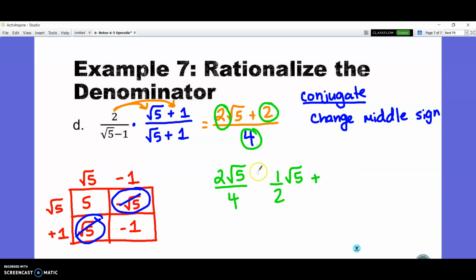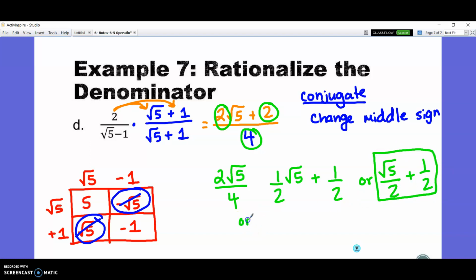Plus 2/4 is, again, 1/2. So we can say the square root of 5 over 2 plus 1/2, like this. Or we could say the square root of 5 plus 1 all over 2, like this. Okay, so that is division.